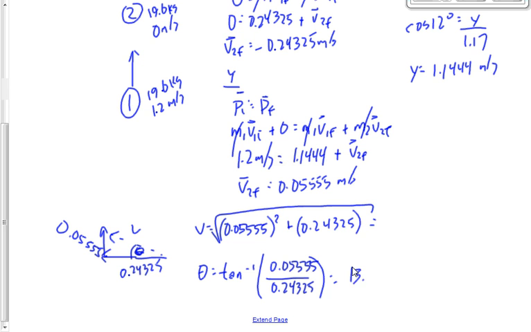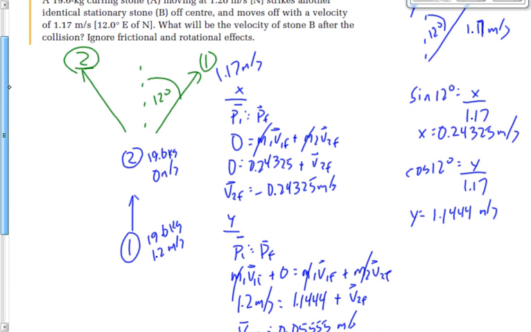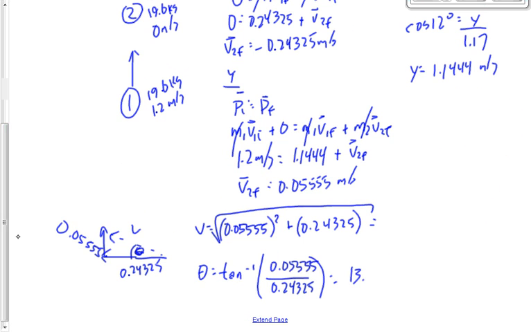Should it be 3 digits? Yeah, it should. 13.4 degrees. And we're going to say that's north of west. And the hypotenuse there works out to be what, Justin? 0.25. One more digit there, 0.25.